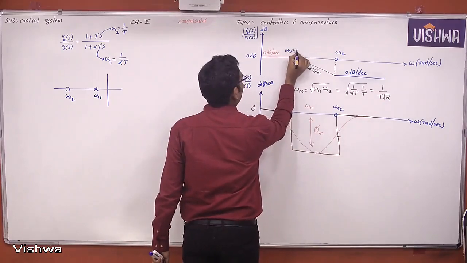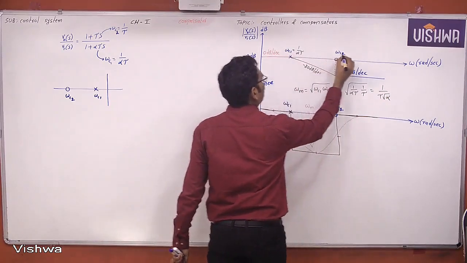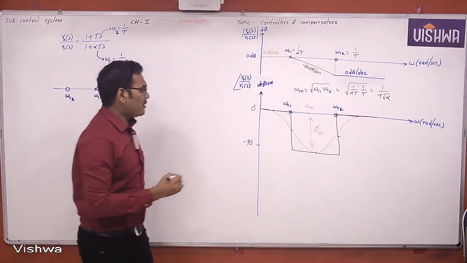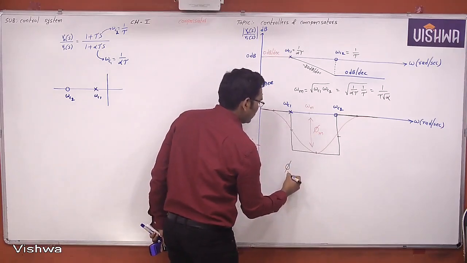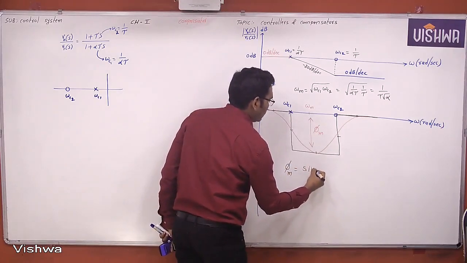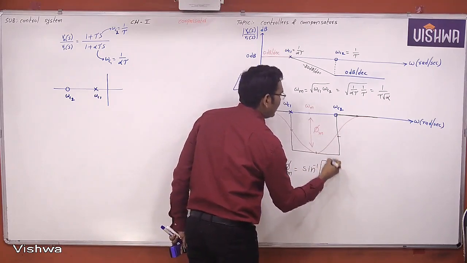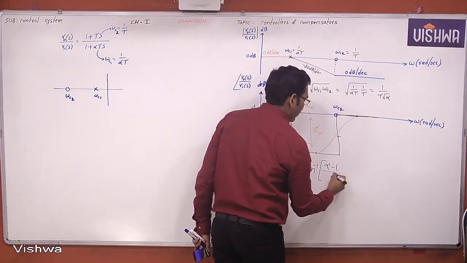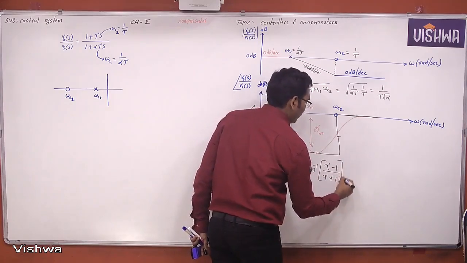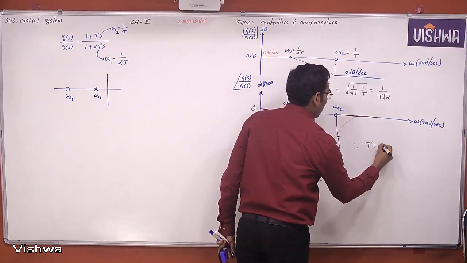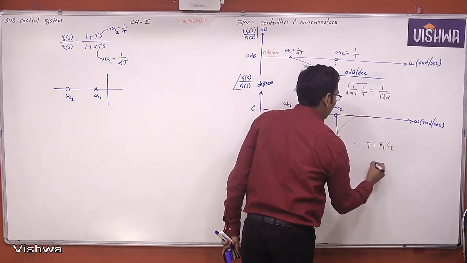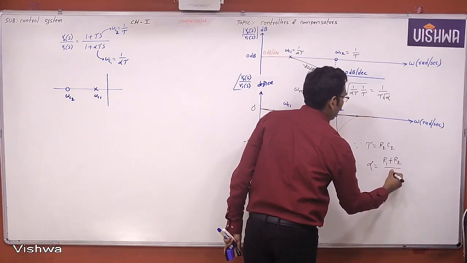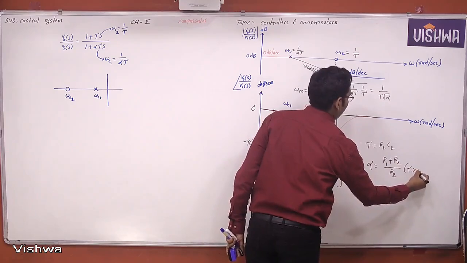Now the phase phi m is sine inverse of (alpha minus 1) by (alpha plus 1), where alpha is greater than 1, tau is R2C2, and alpha is (R1 plus R2) by R2.